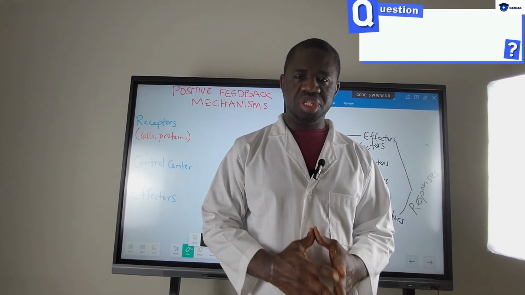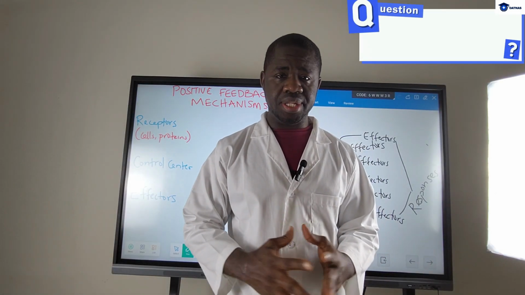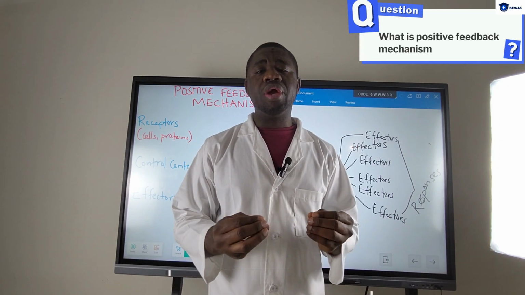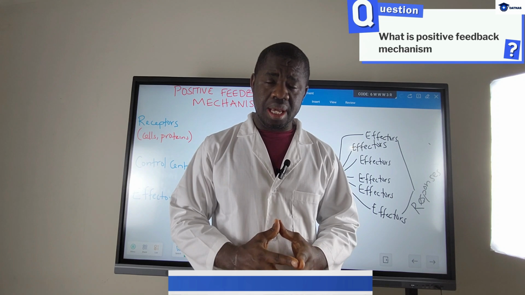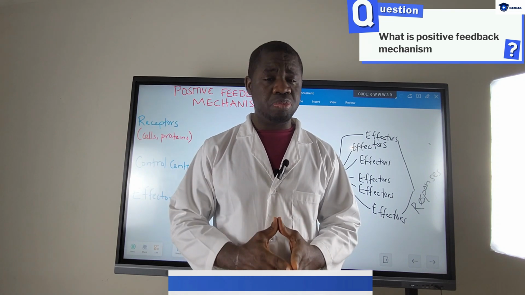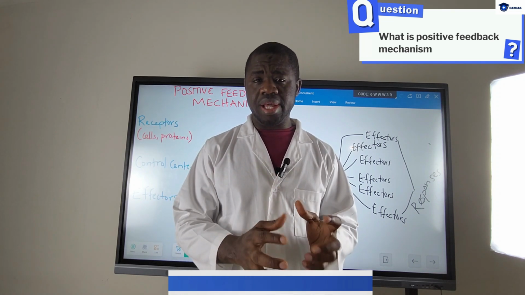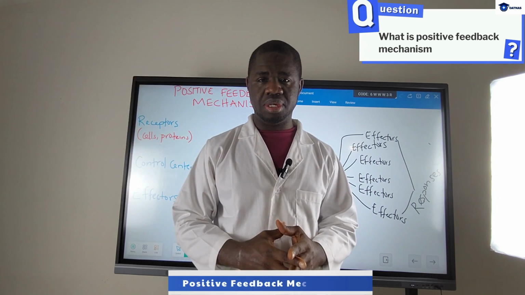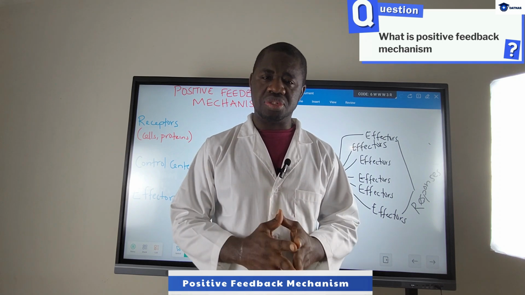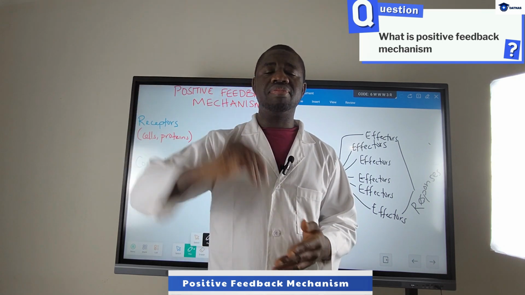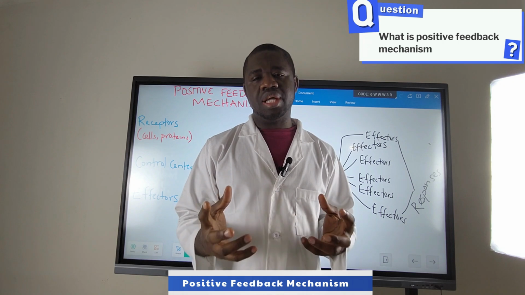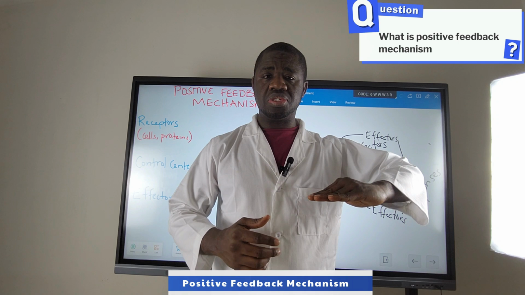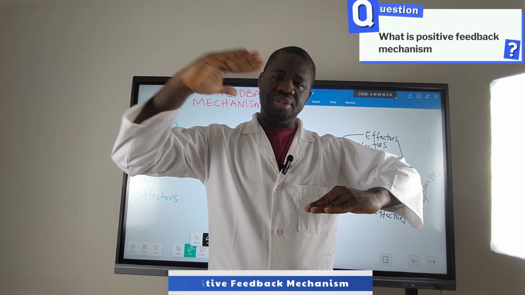What is positive feedback mechanism? Positive feedback mechanism is where the stimulus amplifies the response. It is where the stimulus increases the response. It's where the stimulus intensifies the response. For instance, this is a stimulus, but the stimulus increases the response.